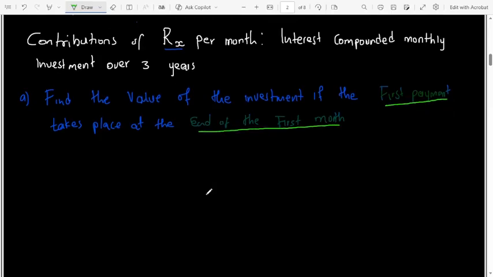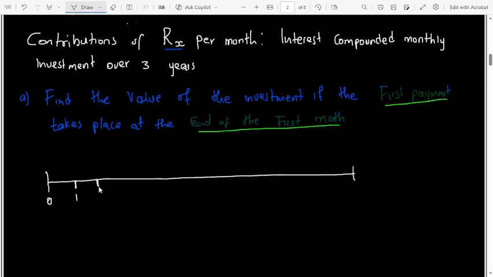So remember, you can also have what we call a number line. The best thing you can do is put this on the number line like this. When I put this on the number line, always start at 0. Then we have the first month, then month 2, then month 3, and all the way to how many months?